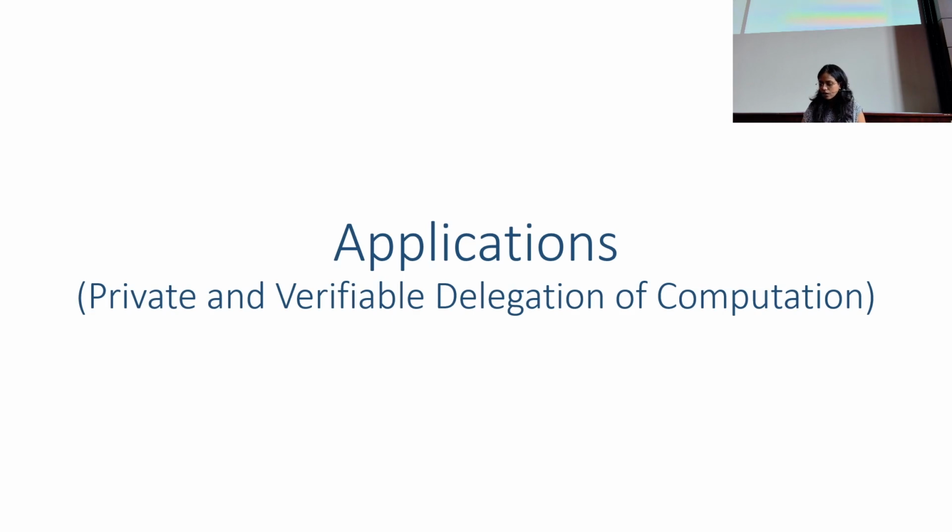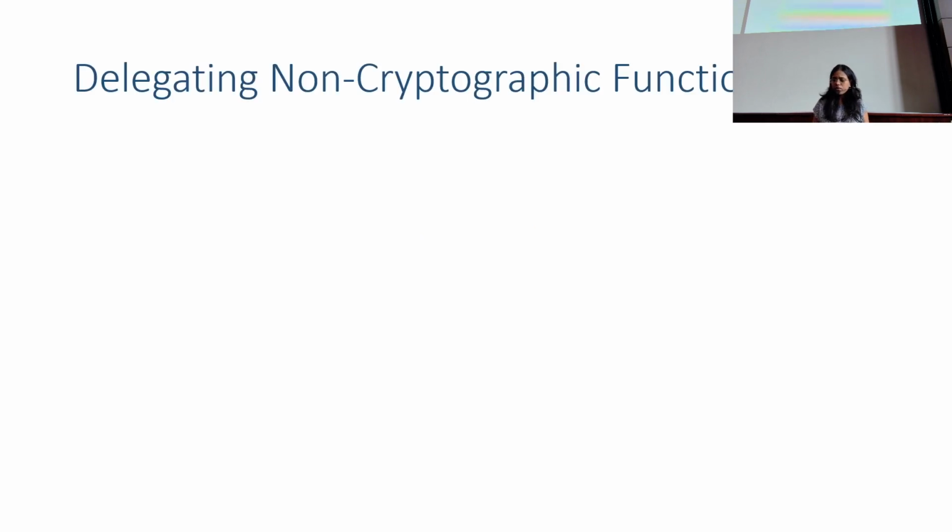Okay, so that's all I wanted to talk about in the construction. Now let's quickly talk about the applications of this particular notion. Like I'd mentioned earlier, the main motivation that we had for defining this notion was private and verifiable delegation of computation. So this particular construction can be used for private and verifiable delegation of non-cryptographic computations or functions.